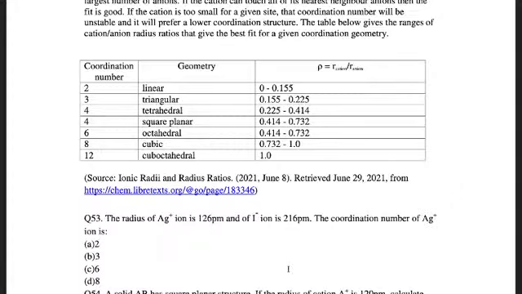Question number 53. The radius of Ag+ ion is 126 pm and of I- ion is 216 pm. The coordination number of Ag+ ion is option A 2, B 3, C 6, D 8. Correct. The answer is option C, 6. Question number 54.